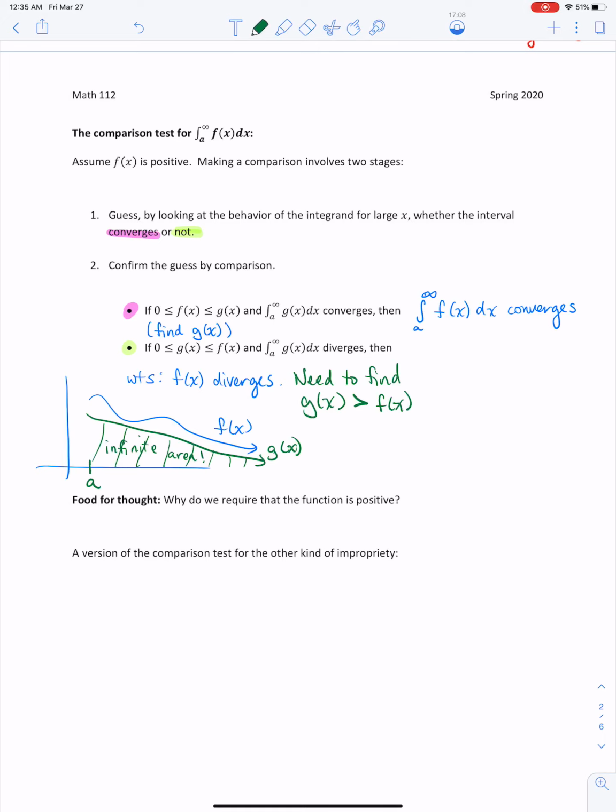And if that's the case, then we will be able to conclude that the integral from a to infinity of f of x dx also diverges.